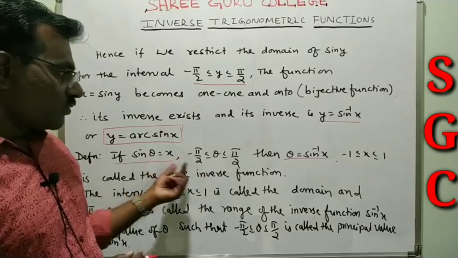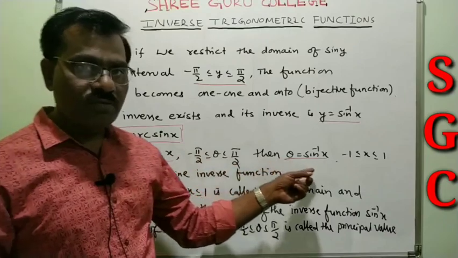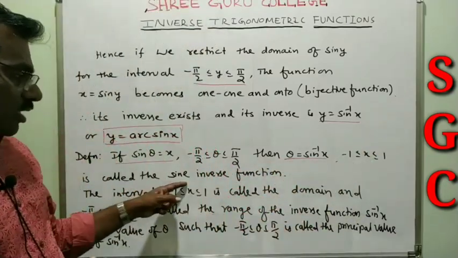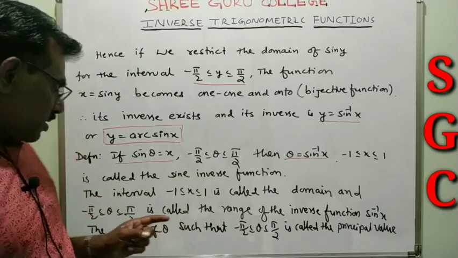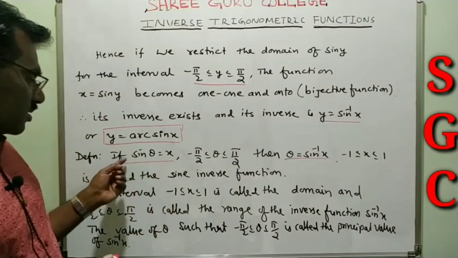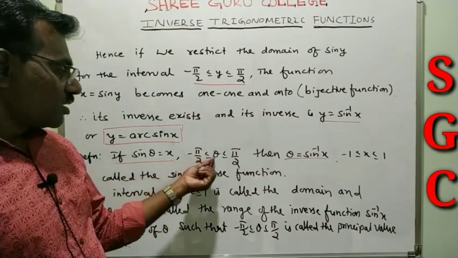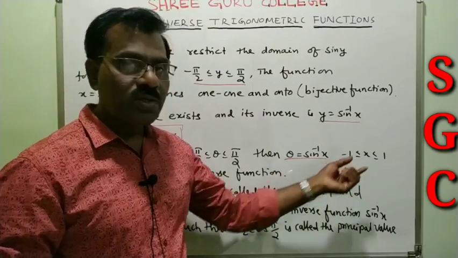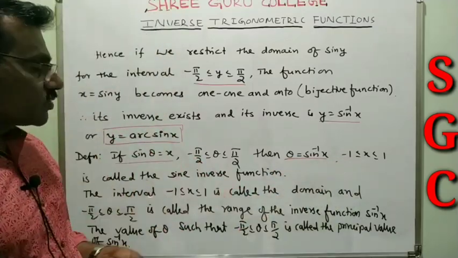When it is a bijective function, the theta here is sine inverse of x. So minus 1 to plus 1 is called the sine inverse function's domain.